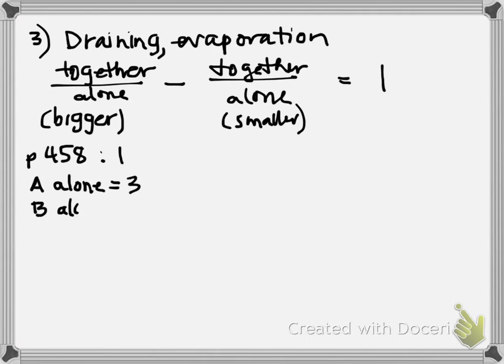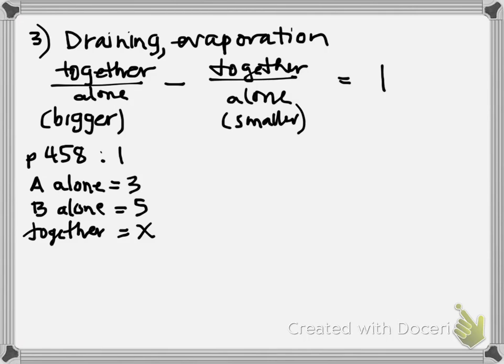B alone. And what is it that we're trying to figure out? Together. It's that key word, together. That's our unknown. So our together time is our x.